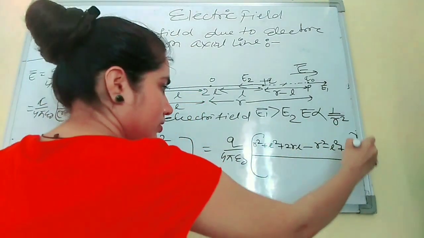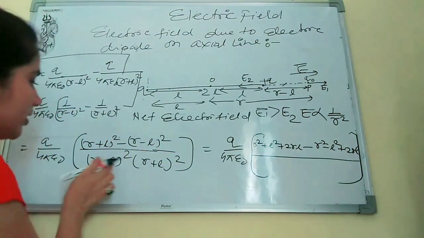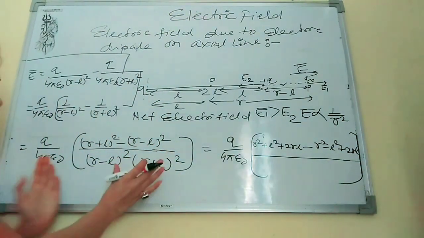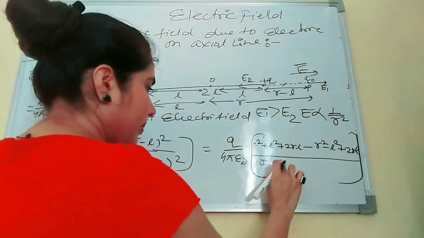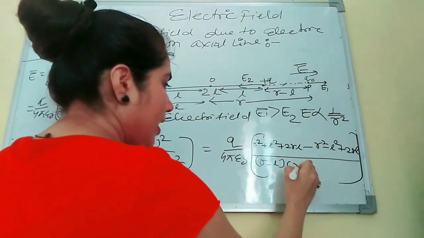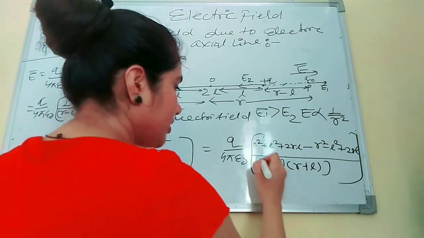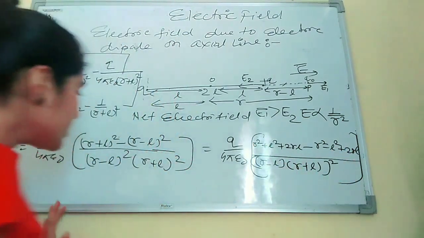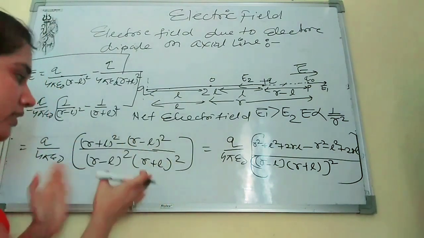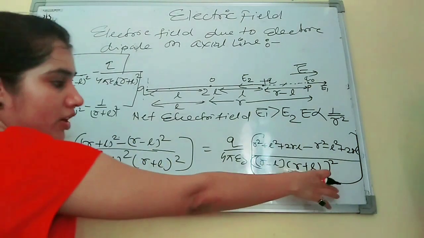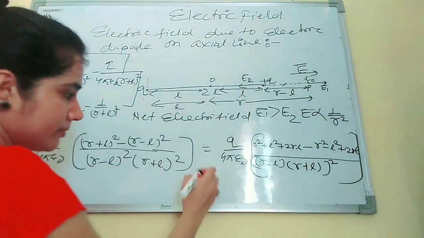And here we can take the whole square like (r minus L)(r plus L) and we can take the whole square, because the bases are different and the powers are similar. So by the exponent properties, we can write it like this.